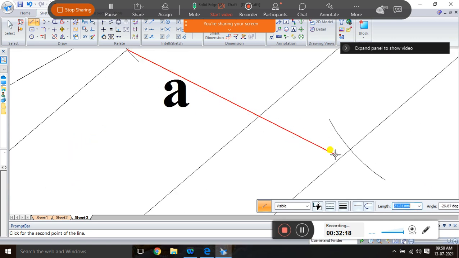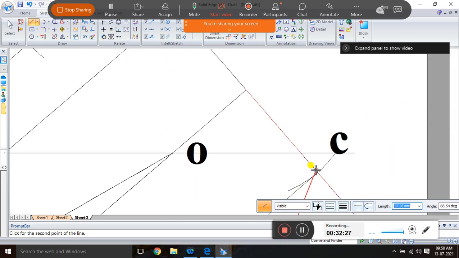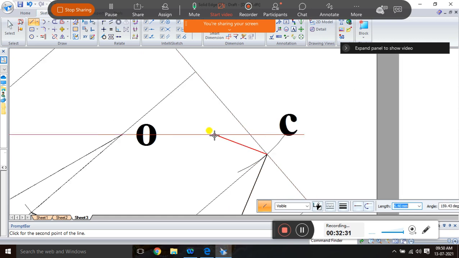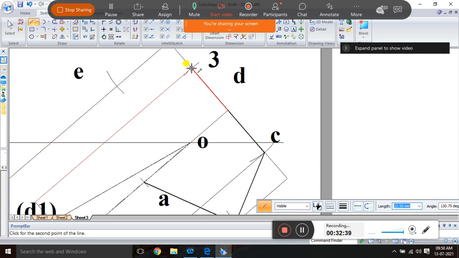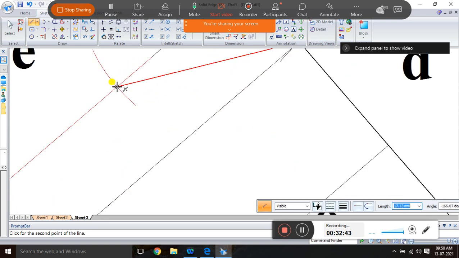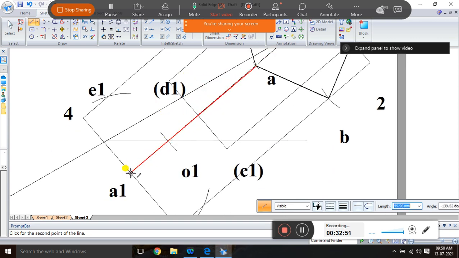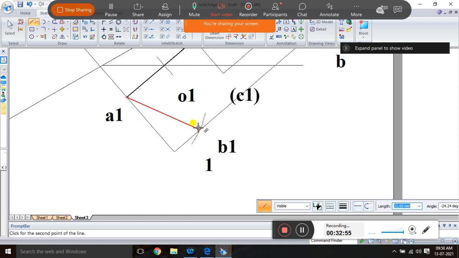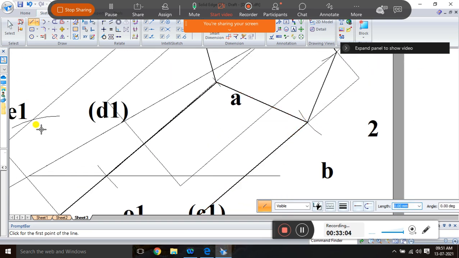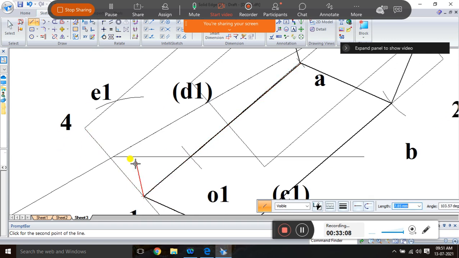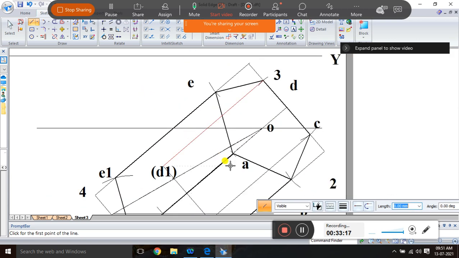So A to B and B to C and C to D and D to E. First you have to join all the visible edges.